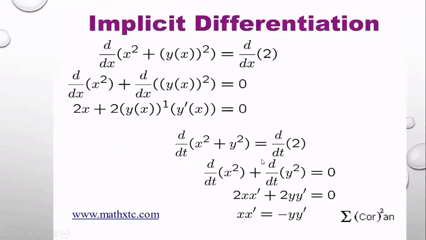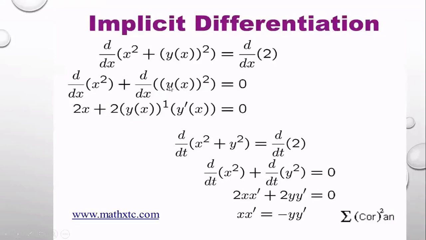You will see here implicit differentiation: d over dx of x square plus y into x square. First you want to differentiate this, 2x. Here, how can you do it? 2 into this power comes to the front, then y of x to the power 1, then y of x you want to differentiate. This is called y dash x.